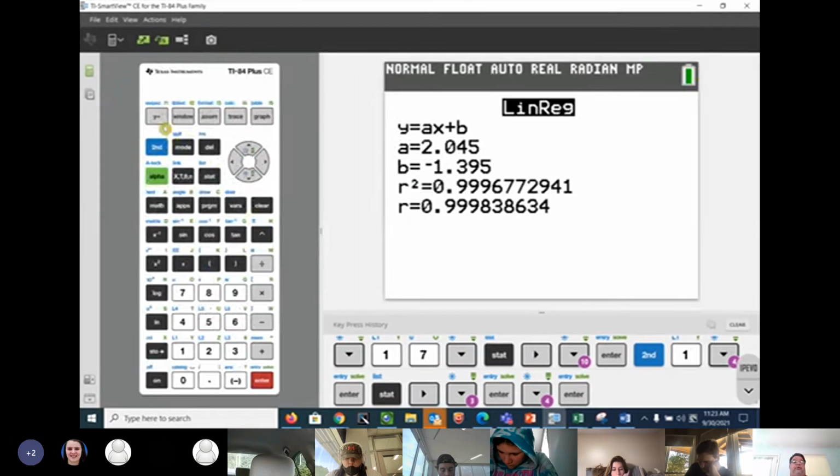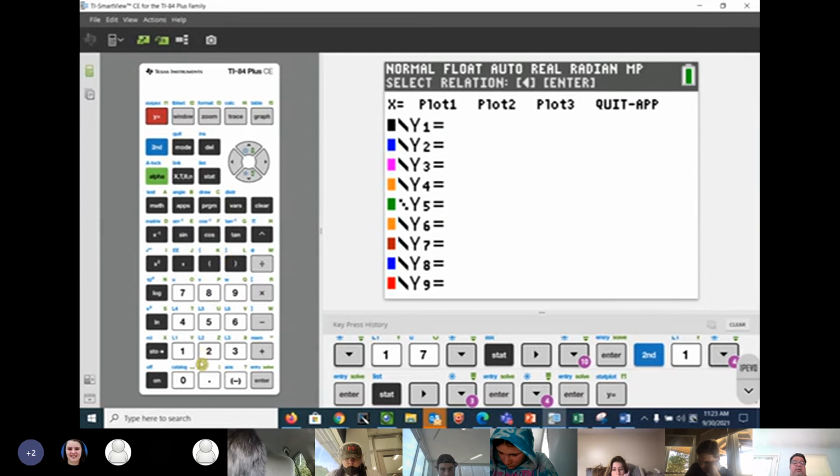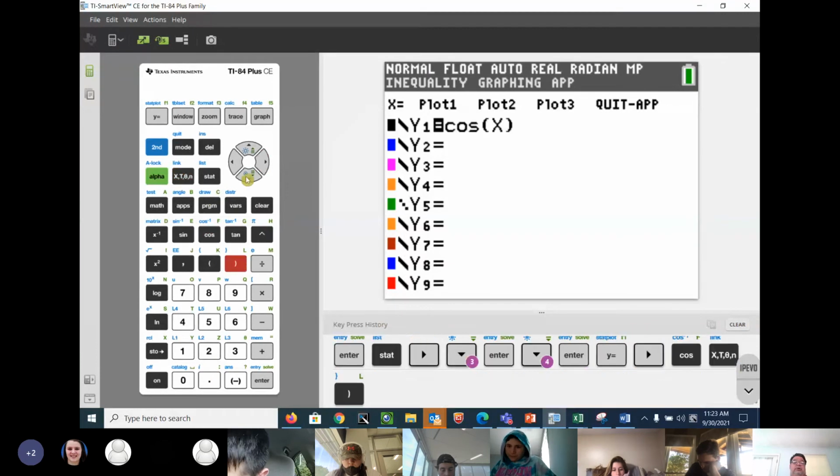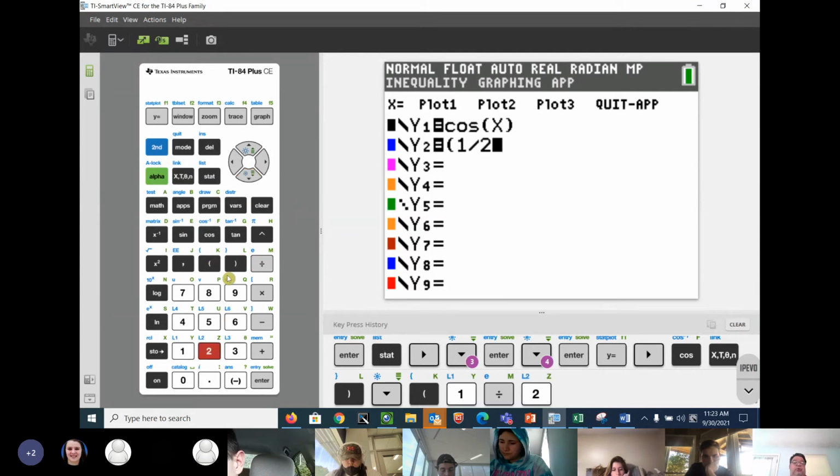And let's go with y is equal to cosine. That'll be the black cosine of x. Close parentheses. And then the blue will be 1/2. So parentheses 1 divided by 2. Close parentheses.